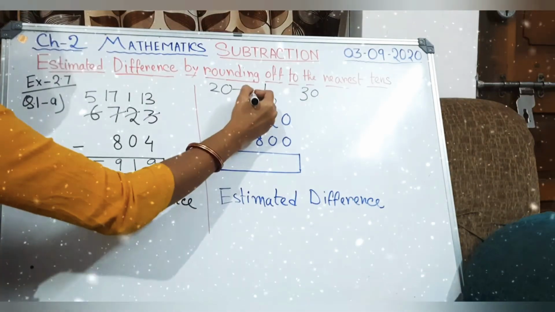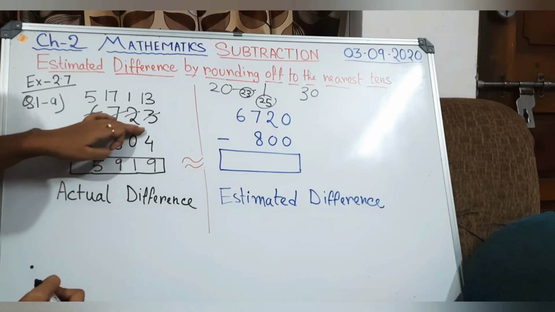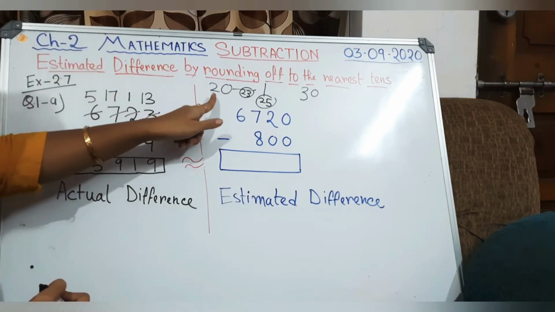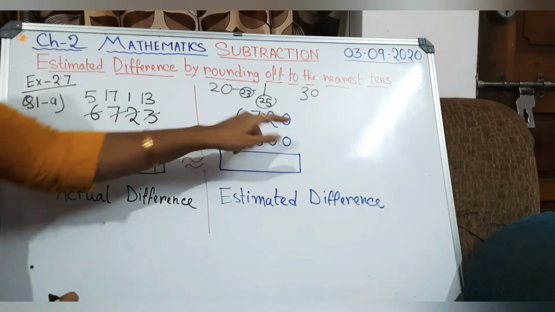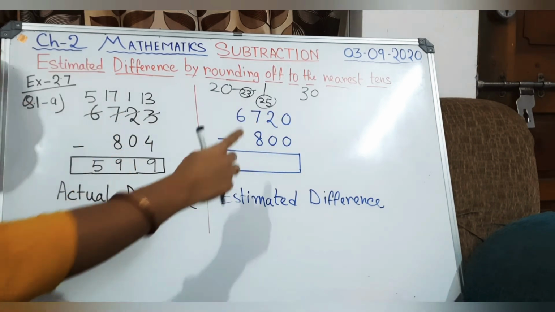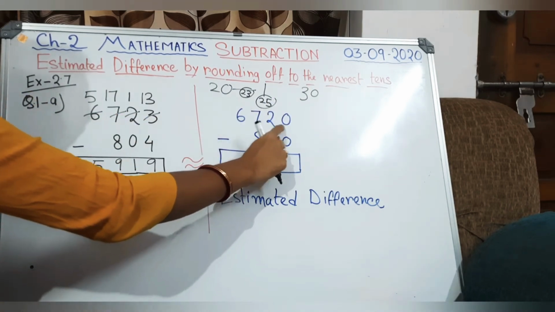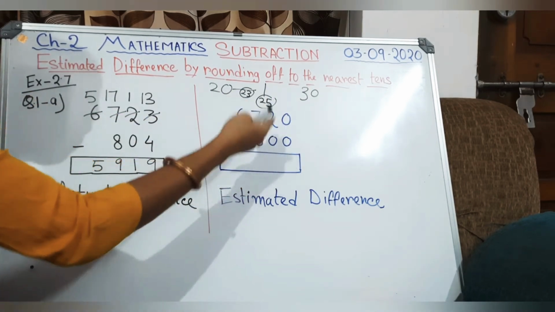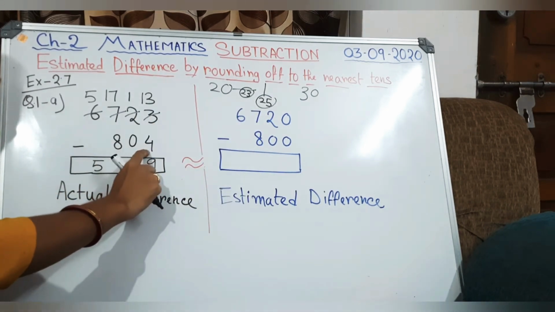So whenever I am making this 23 round off to its nearest 10, so 20 will come. Understood? So my new number, after making round off to its nearest 10, is 6720.